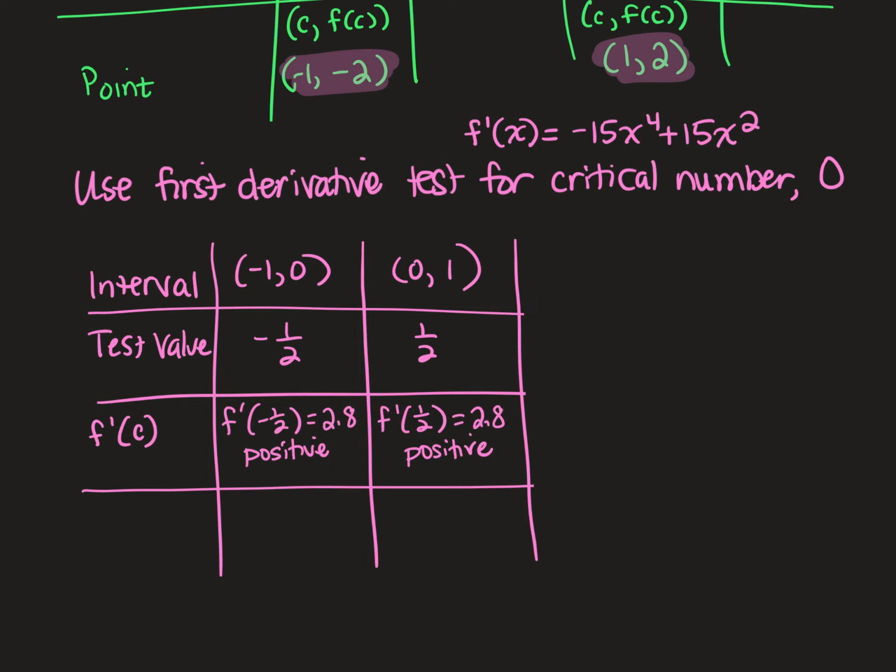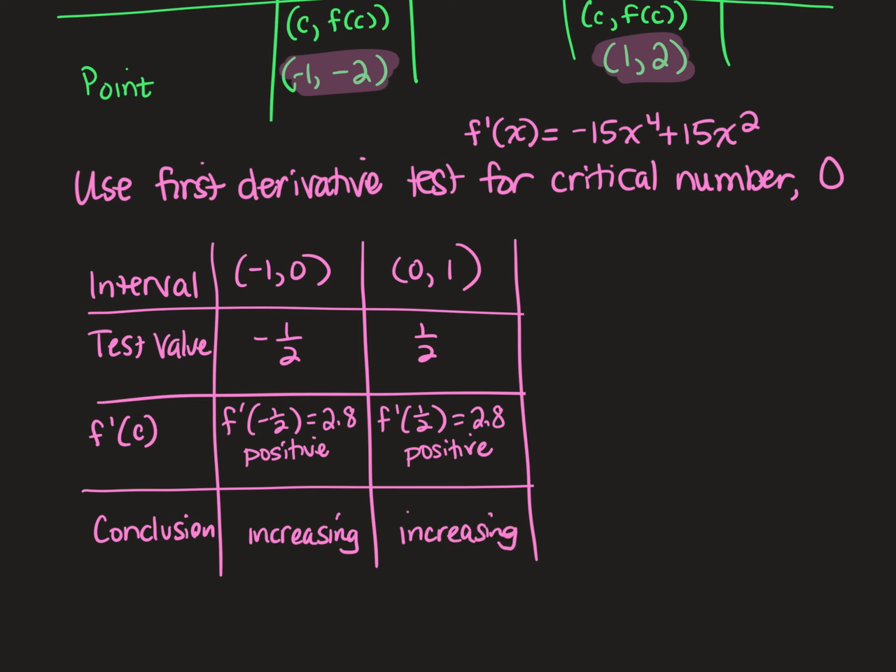So if you remember from our first derivative test, our conclusion is our function increasing or decreasing? So since I got 2 positive values at numbers close to 0 on either side of 0, I know that it's increasing here and here.